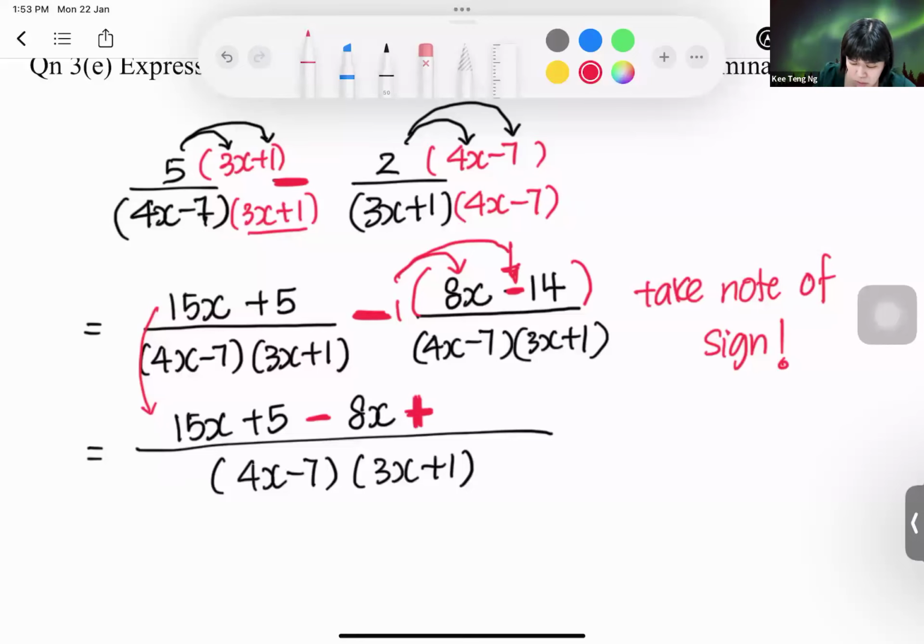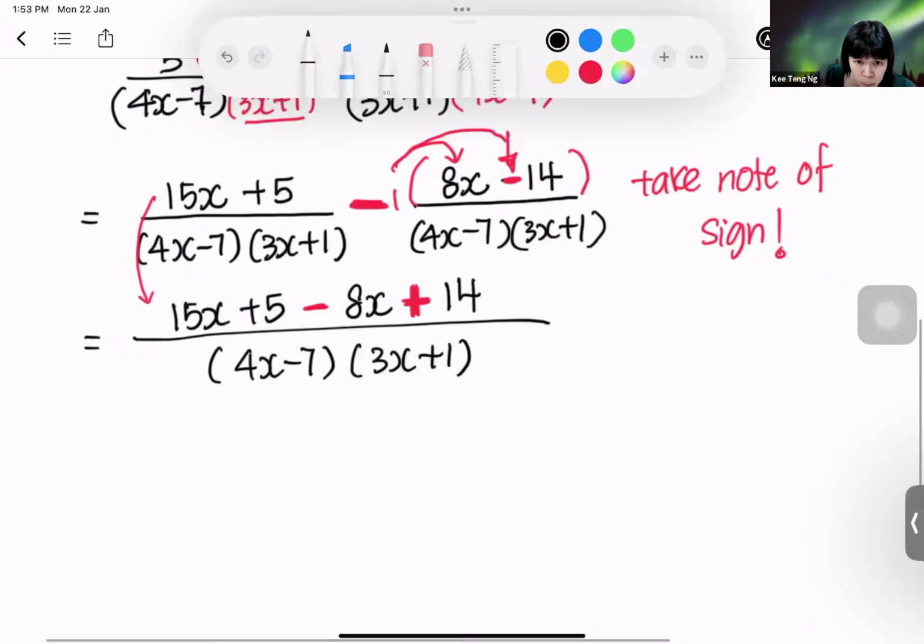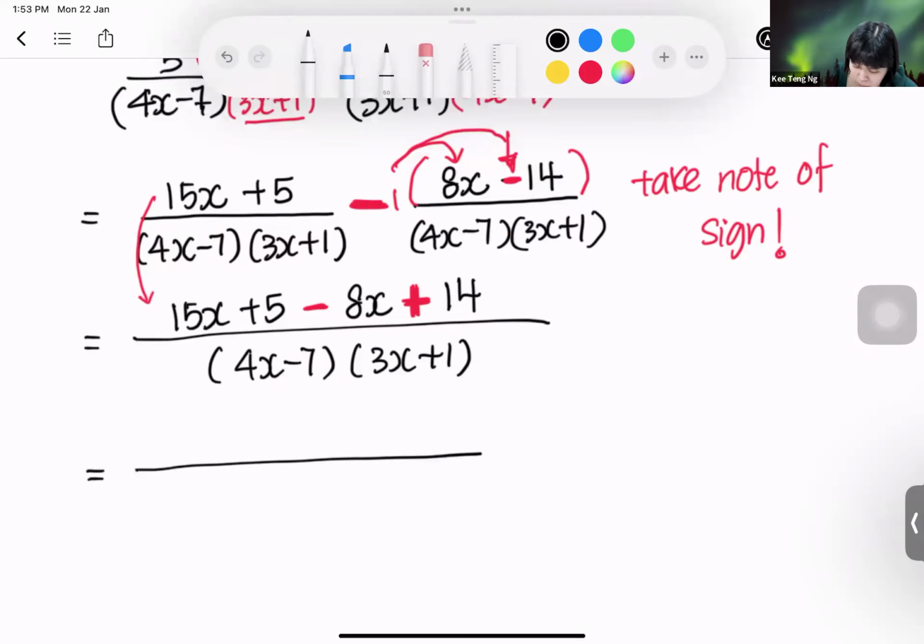Plus 14. Very good. Do not expand the denominator. We're going to combine the numerator together. So I still write it as one single fraction.